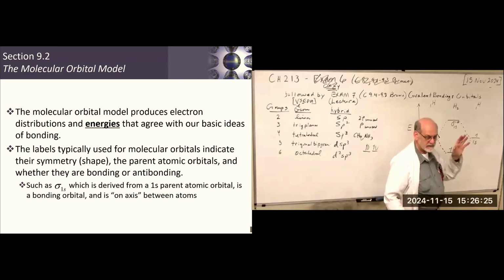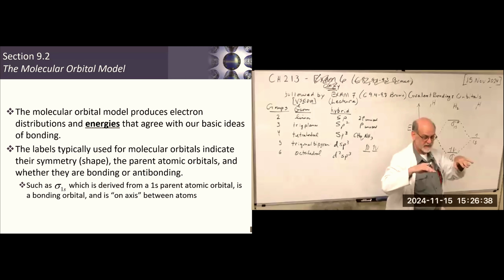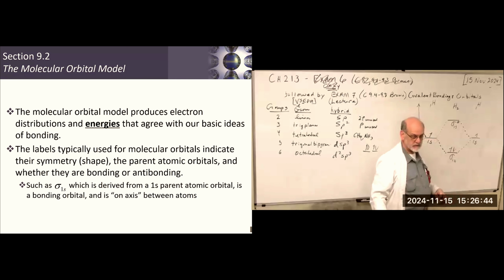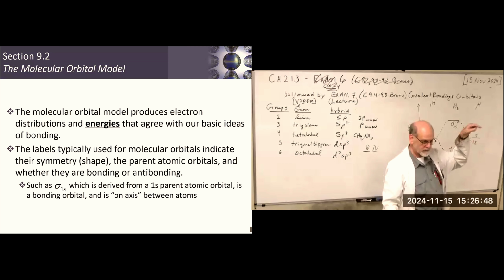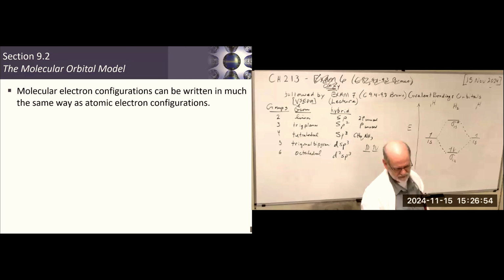So you're going to combine to get a sigma and a sigma star from the p's. Then you're going to get 2 pi's. One pair bonding and 1 pair anti-bonding. So that gives you 3 plus 3 is 6. You get 1, 2, 3, 4, 5, 6. I'll show you that in just a second. We'll use a more complicated situation.